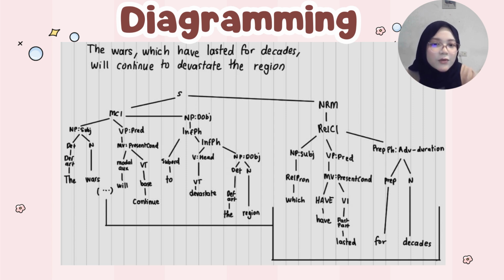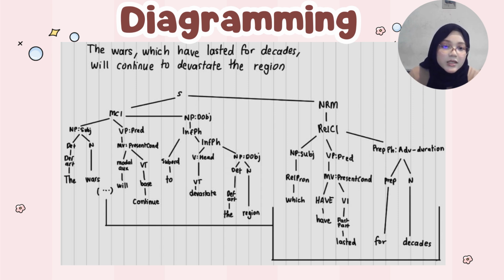As you can see, the first branch stands for noun phrase subject, the second is verb phrase predicate, and the third is prepositional phrase adverb of duration. For the first branch, we have noun phrase subject, and under it we put the relative pronoun, which. For the second branch, we put verb phrase predicate, and we put the main verb.